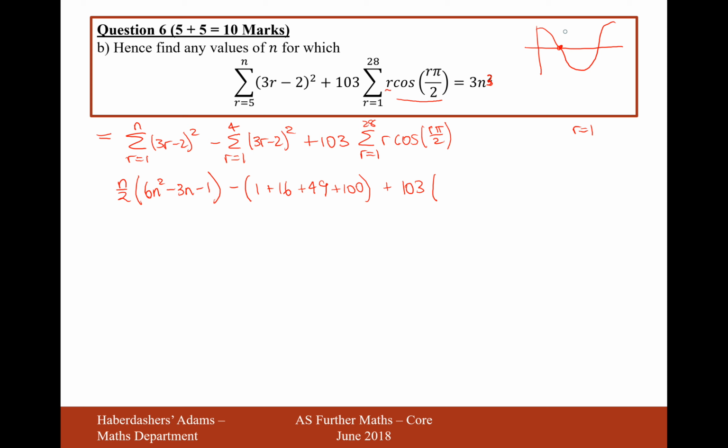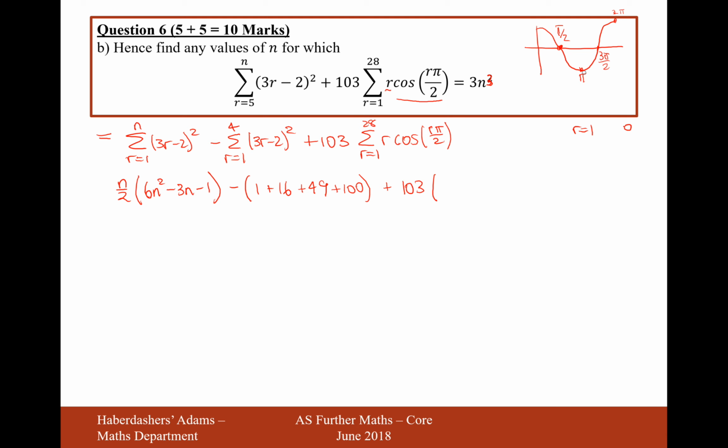So pi by 2 is going to be here, pi is going to be here, down at minus 1, 3 pi by 2 is going to be here, and 2 pi is going to be up here. So when r is equal to 1, it's going to be pi by 2, which is 0, so the output there is 0.